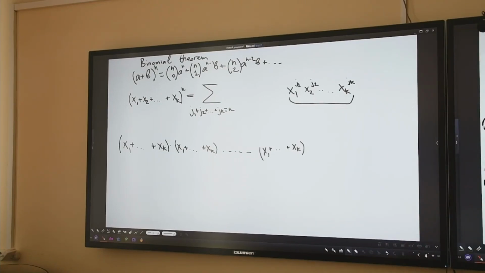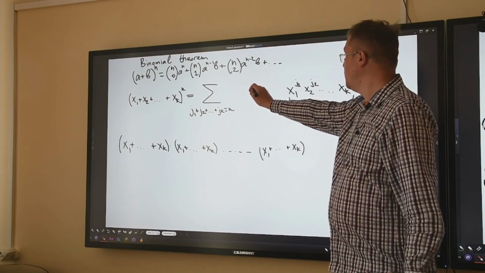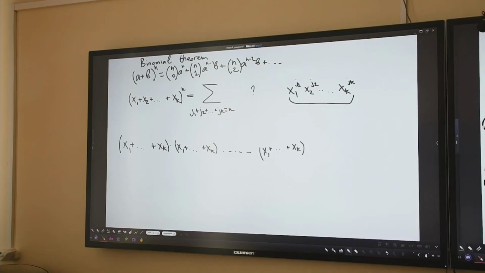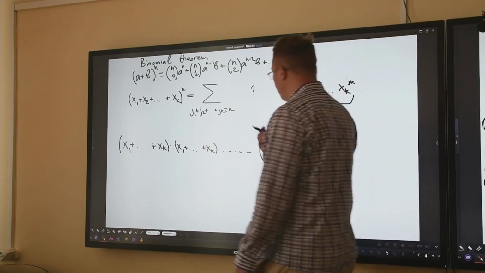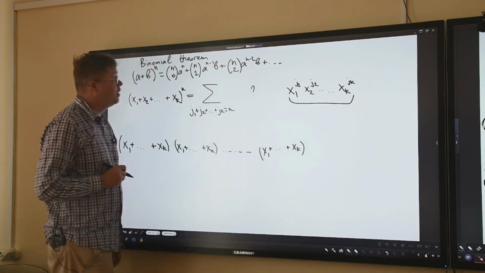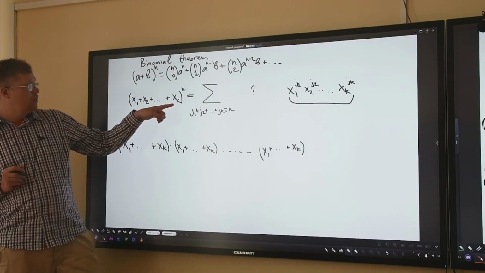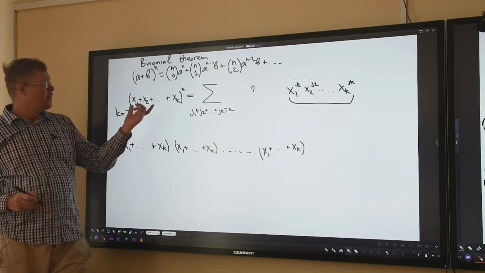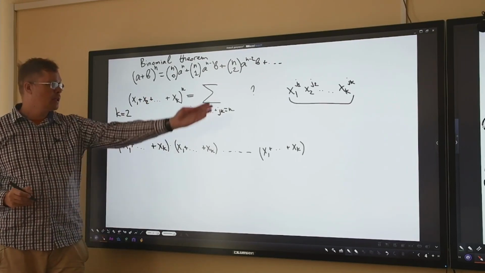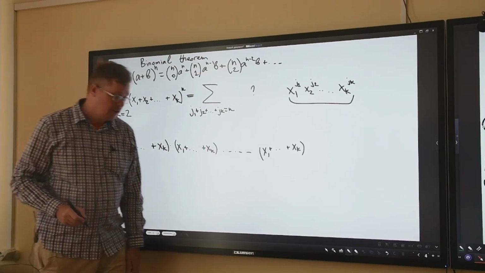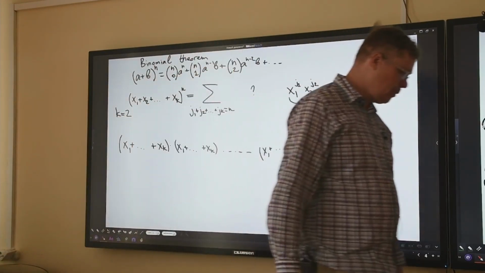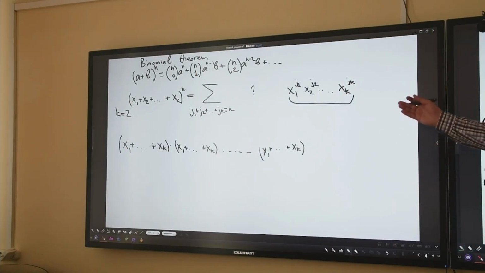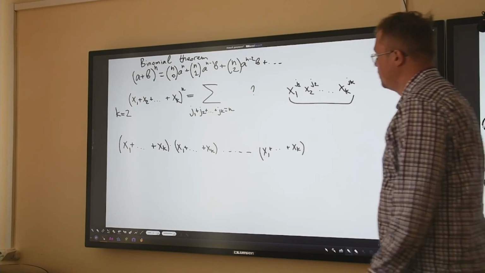And the question is, what should I write here? What is the coefficient for this term? If I have k equal to 2, then I have the binomial theorem, and we will have the binomial coefficient. But if we have k different variables, then we have here the multinomial coefficient.